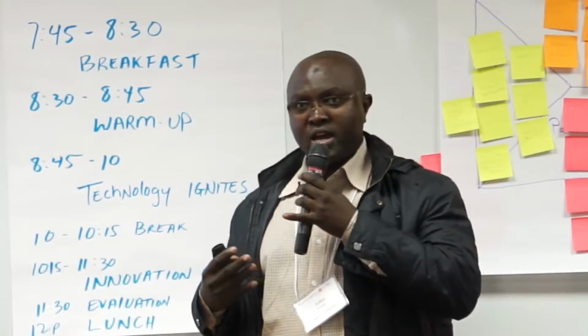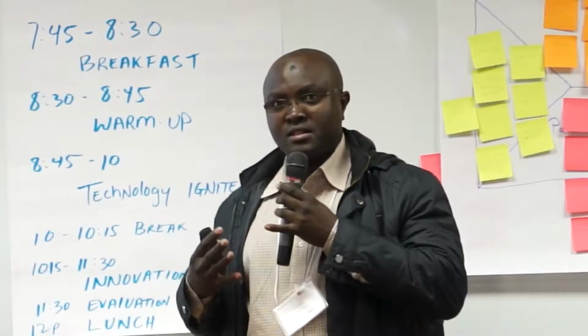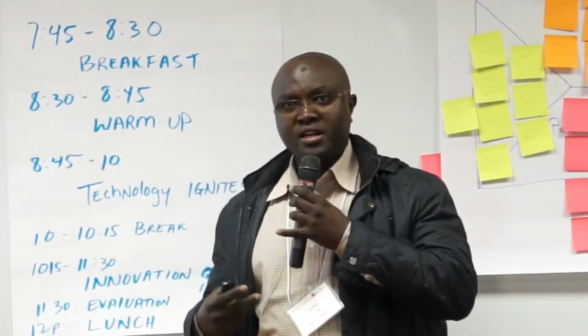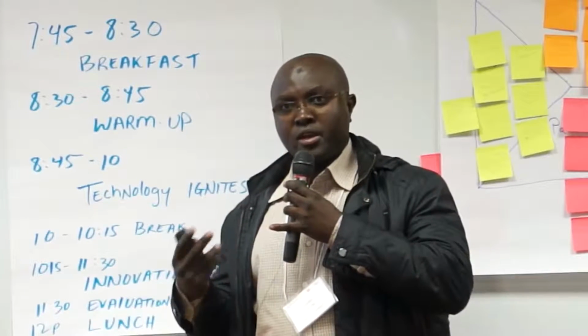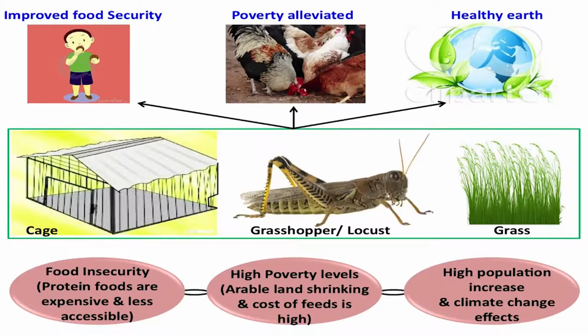Also, we have high poverty levels, and because arable land is shrinking, ruminant animals like dairy cattle and beef cattle are becoming a challenge, since most small-scale farmers cannot keep them as the land shrinks.